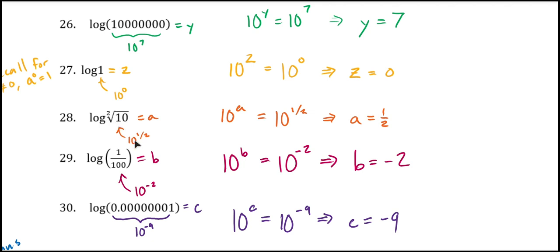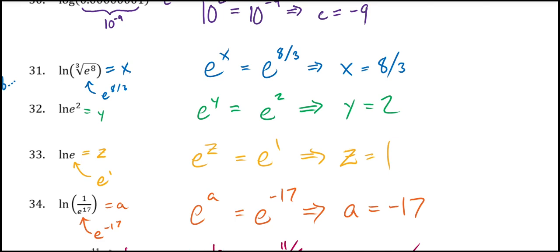Square root of 10, that's 10 to the 1/2, and so we're going to get a 1/2 for an output here. 1 over 100, that's 10 to the -2, and so we're going to get a -2 for an output here. And this, moving the decimal 1, 2, 3, 4, 5, 6, 7, 8, 9 times, is itself 10 to the -9. Well, that tells us that the output of the logarithm should be -9.